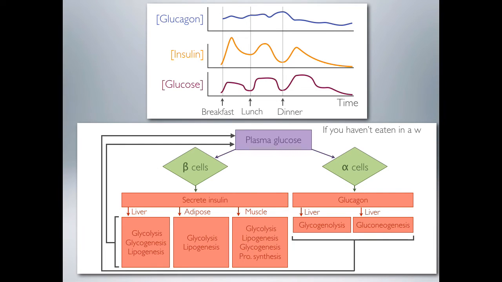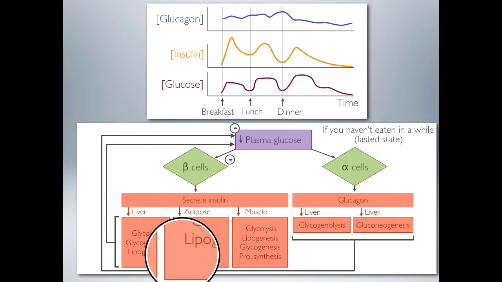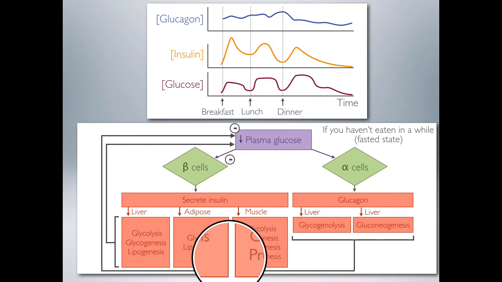Now, if you haven't been eating in a while, we have everything essentially reversed. The stimulus here is low plasma glucose, so that goes down, which has an inhibitory effect on the beta cells, and that in turn negatively influences plasma glucose. All this stuff under the beta cells is about storage, and if we haven't eaten in a while, we don't want to be activating storage.